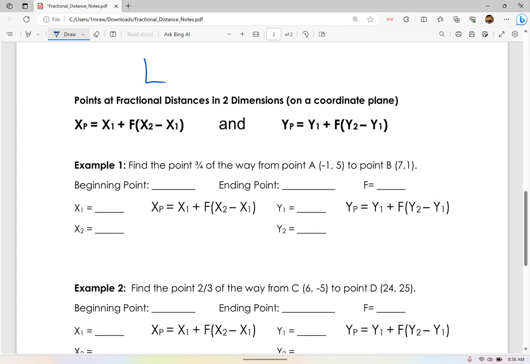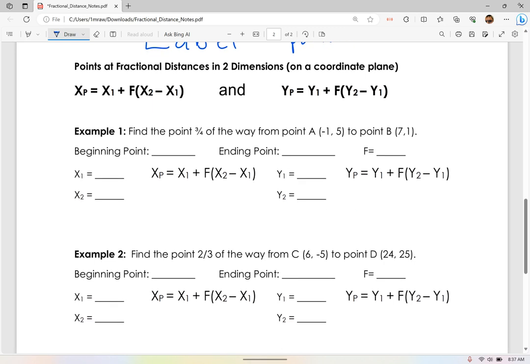So you want to do something very important and label your points. Label, label, label. That's going to be super duper important. Label your points, right? So find the 3/4. So this is my F, right? Of the way from point A. So this is x1, y1, and point B, which is x2, y2. Very similar to what we've been doing, distance and slope, right?